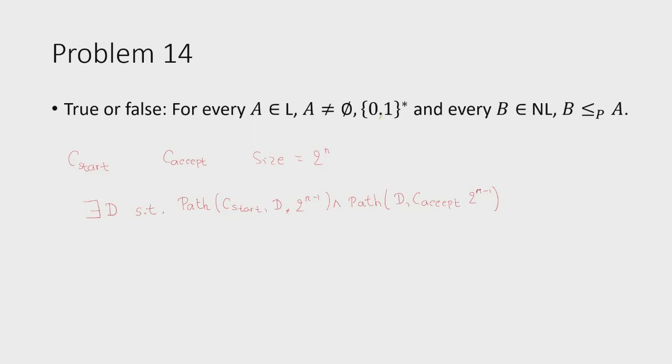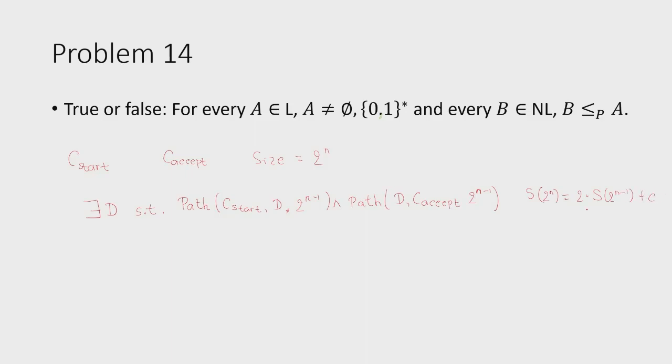But the problem with this is the following. If you were to write this out, we want to figure out the size of this formula. By the way, Path(C start, D, 2^(n-1)) means that there exists a path of length at most 2^(n-1) from C start to D. So what we have basically done is S(2^n) = 2 times S(2^(n-1)) plus some constant.